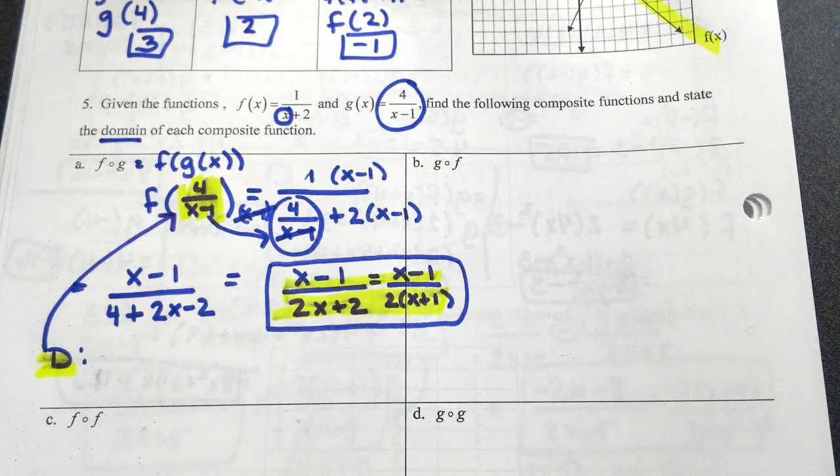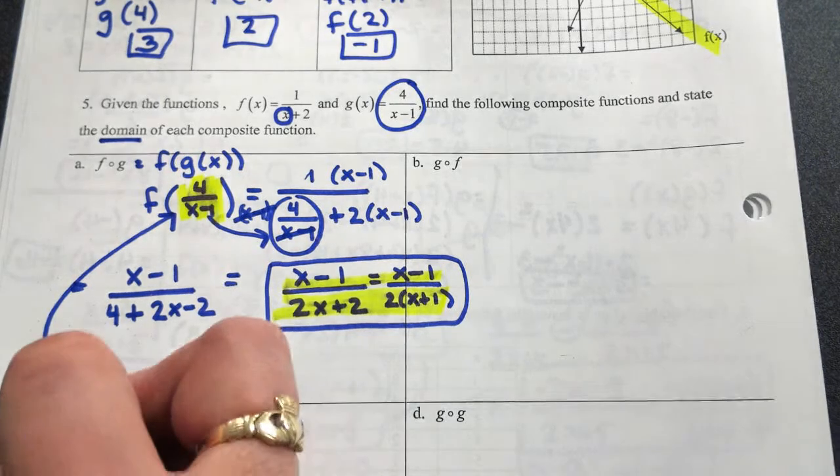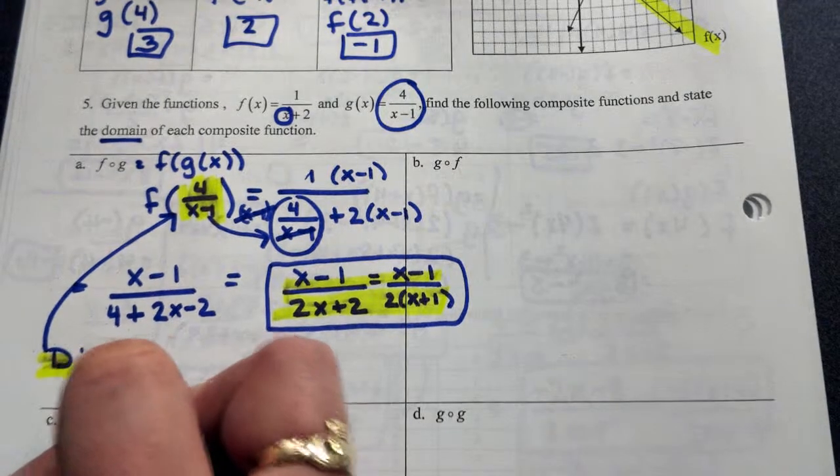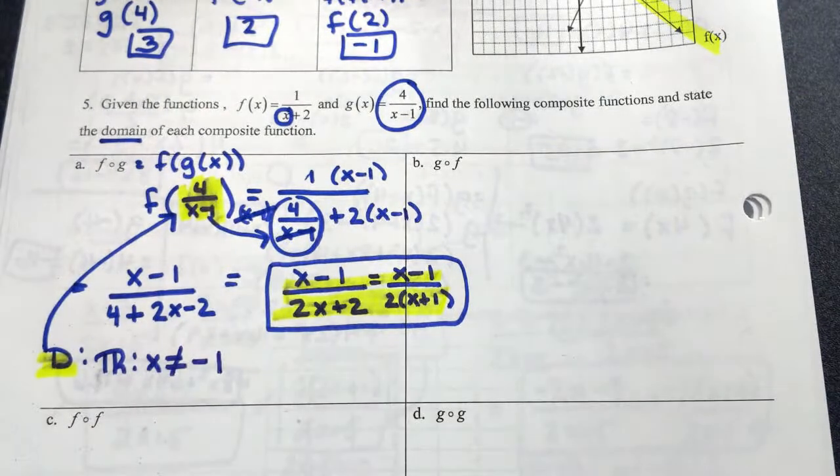There's two places you have to look, and you have to put those values together. Let's look at my final answer. What's the domain of the final answer? It's going to be all real numbers except -1, because that's where I'll get a 0 in the denominator. So x cannot be equal to -1.